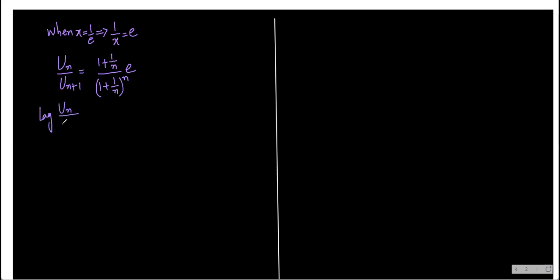Log u_n by u_(n+1) equals log of (1 plus 1 by n) divided by (1 plus 1 by n) to the power of n into e. This bracket will be closed.